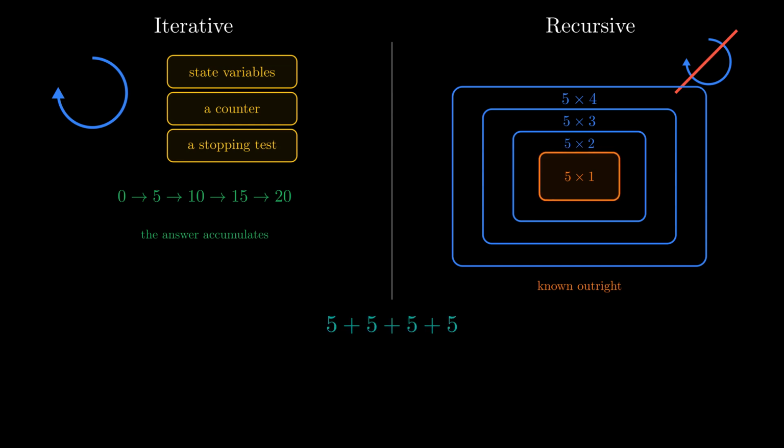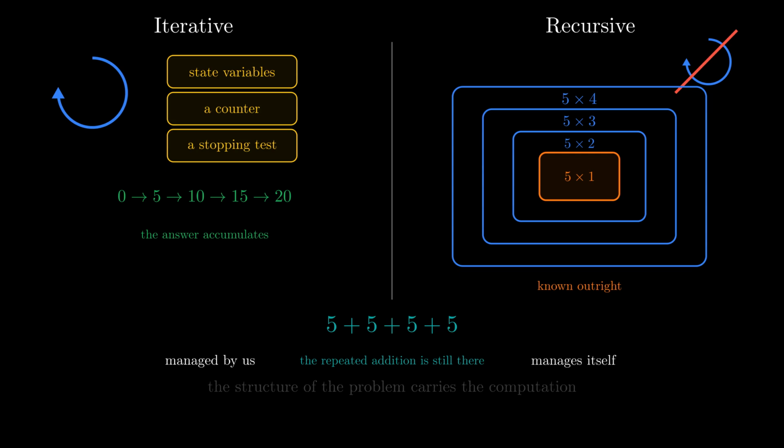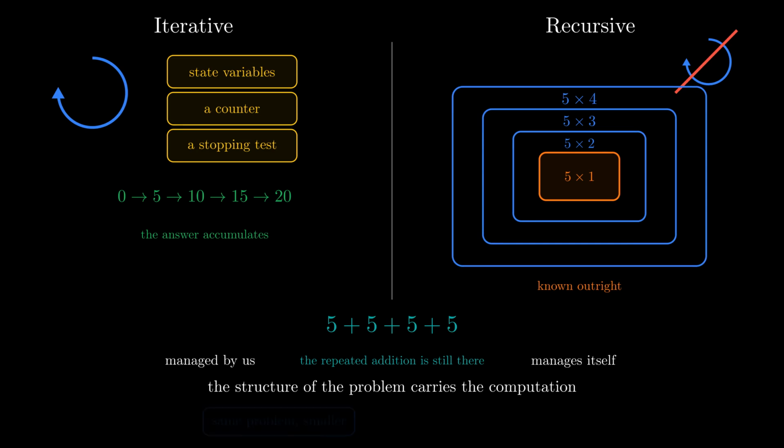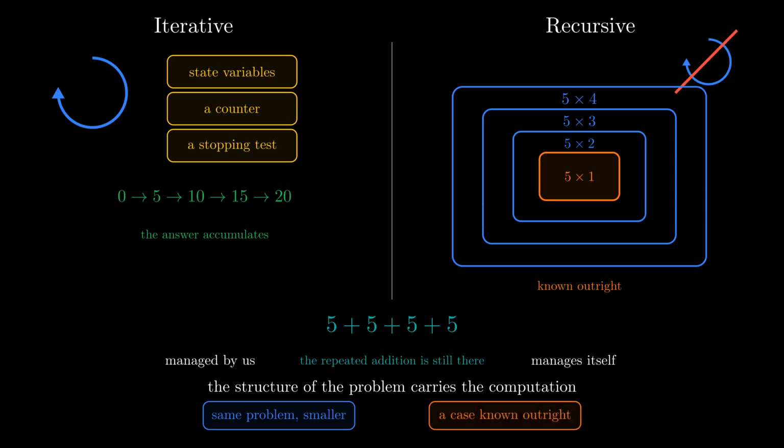Notice what survived the change. The repeated addition is still there, but nobody is managing it. The structure of the problem carries the computation. Those two ingredients, the shrinking self-similar step and the known stopping fact, are all recursive code needs.